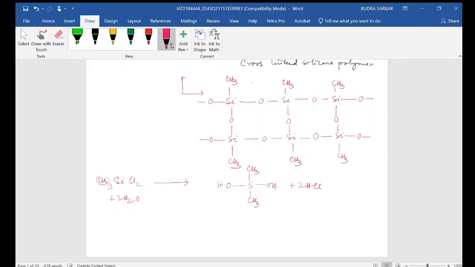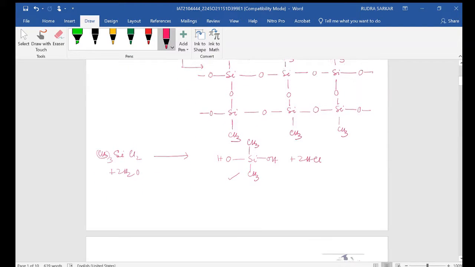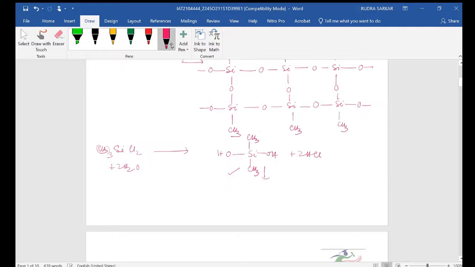Now, if this particular molecule undergoes polymerization, then it will form a linear unit. How will it form a linear unit and how will it look?